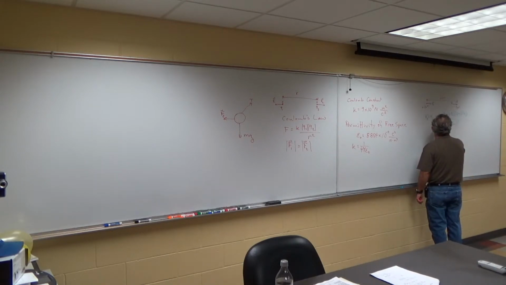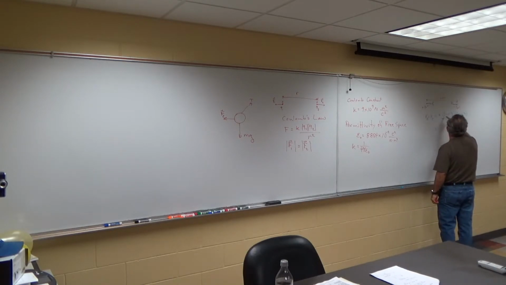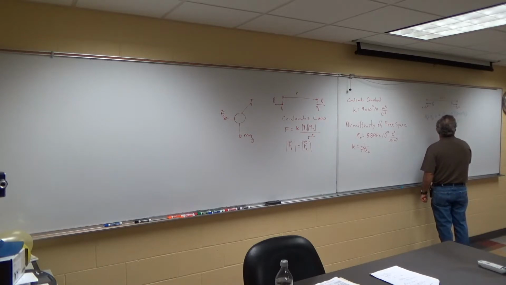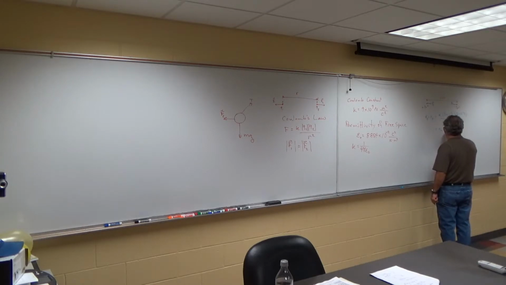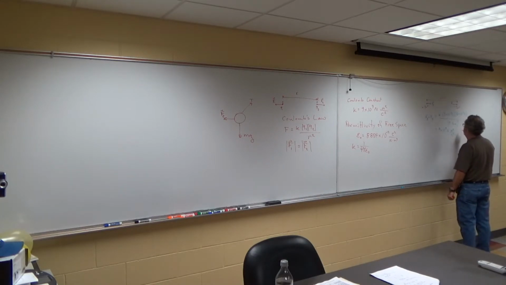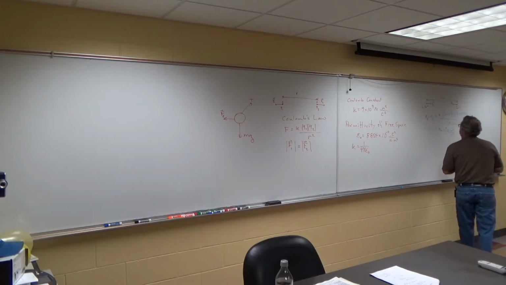So this is equal to, it's 1.5. What do you get here? Well, let me write it out. 9 times 10 to the 9 Newton meters squared per Coulomb squared times, can somebody calculate this?